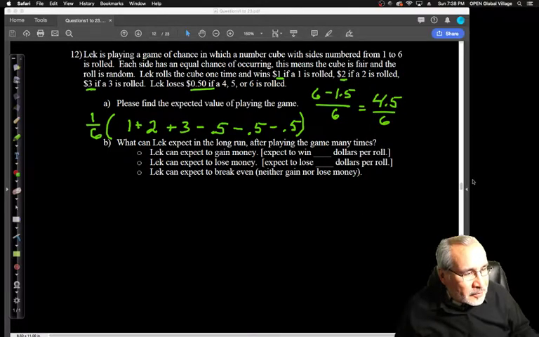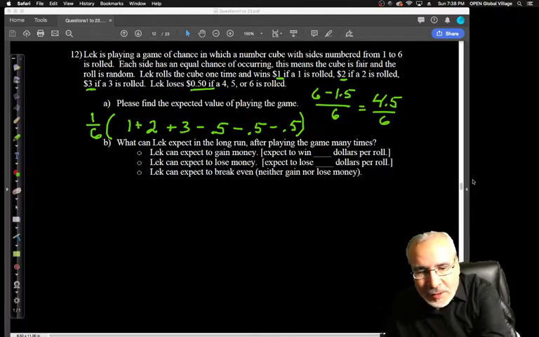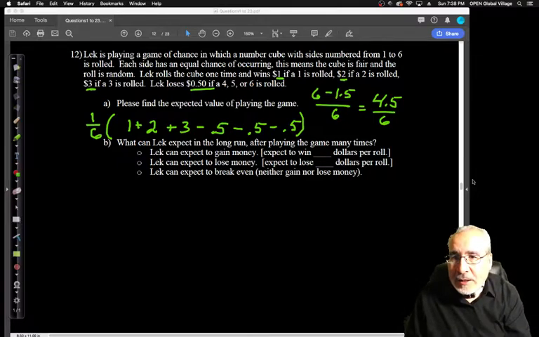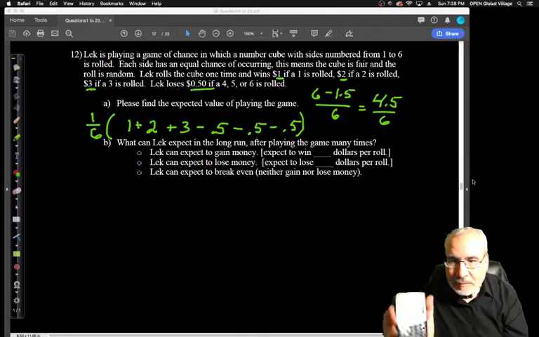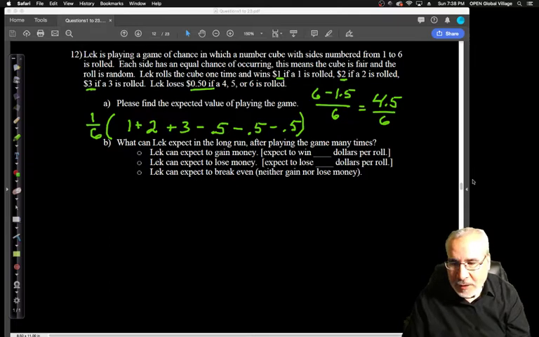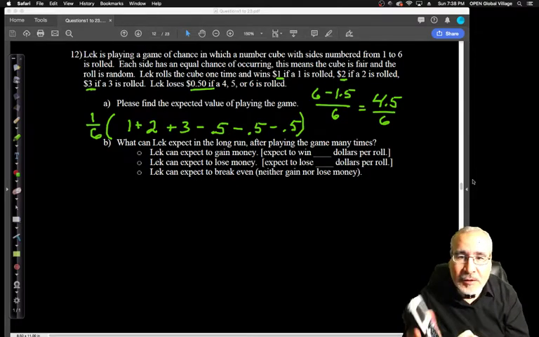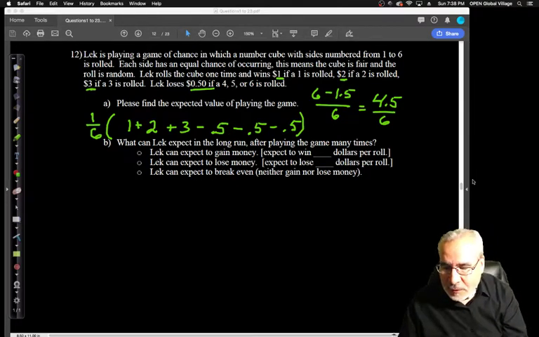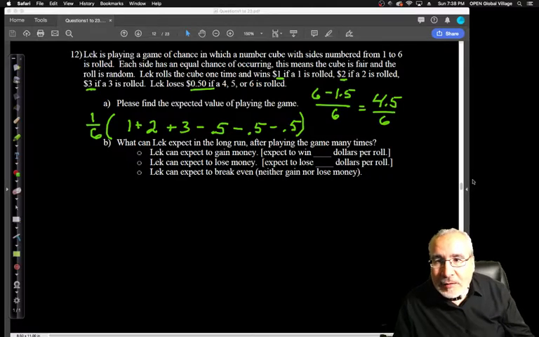I'll get that set up in the next one. I'll just use my handheld here. These work great, so if you have your own, that's good too. So we just got 4.5 divided by 6. 0.75 is our expected value for this.